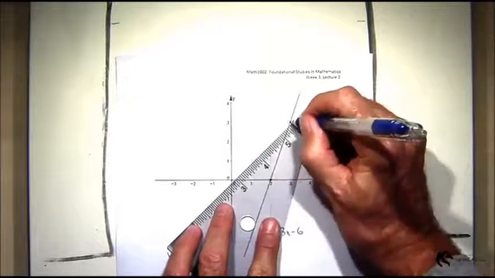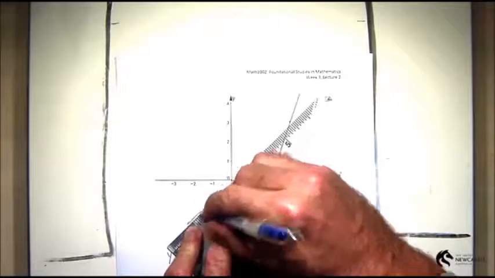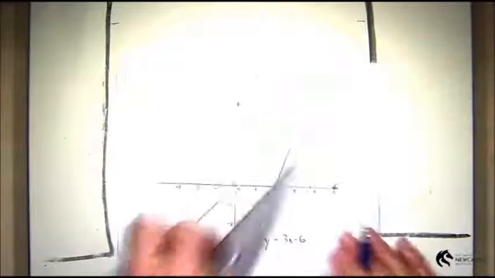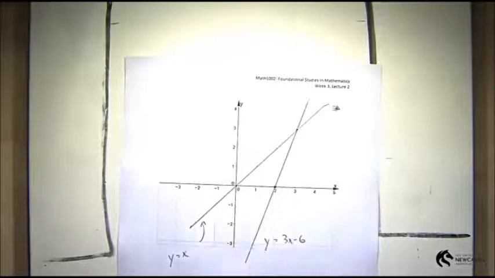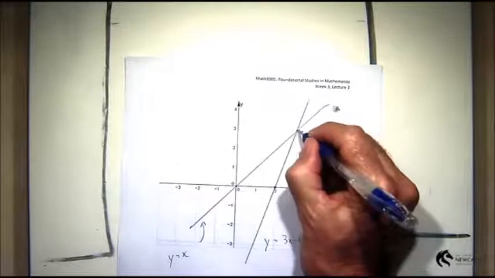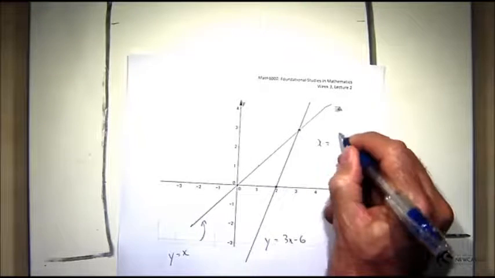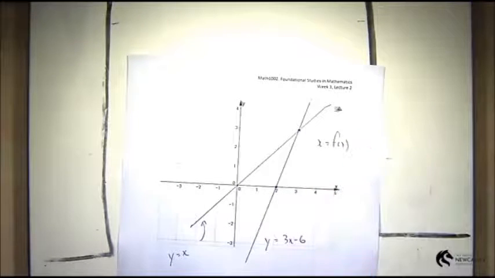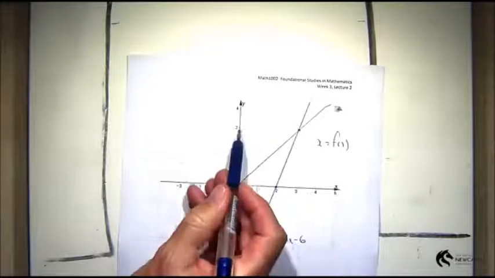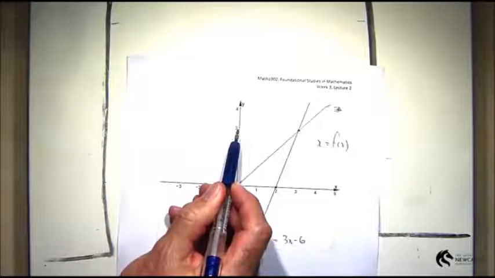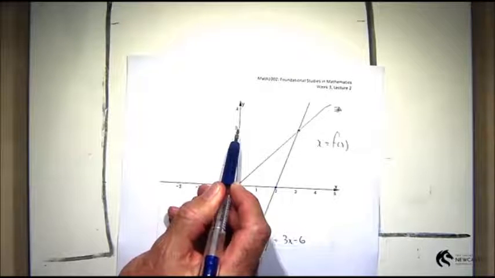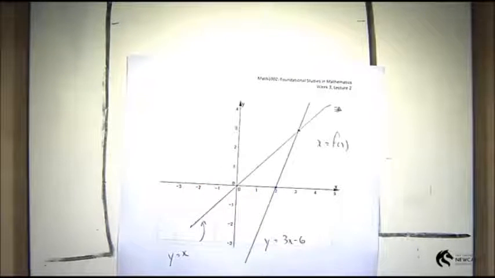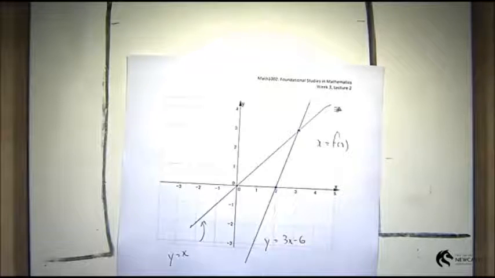And if I get this right, I'll do this. Whoops. So there's the graph of y = x. This point here is the point where x is equal to f(x). The x value is the same as the y value, in fact. So what I've managed to do in this case is I've found where x is equal to f(x).